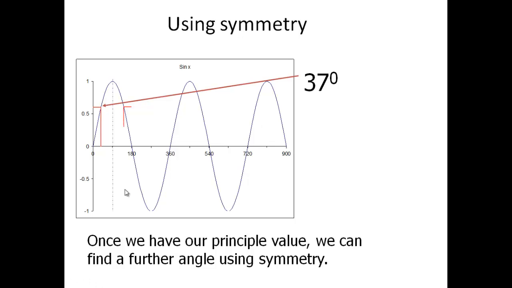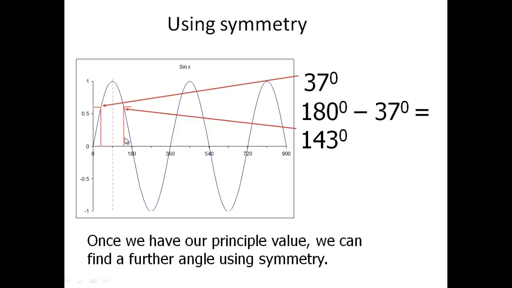And you can see clearly from the graph that this 37 degrees here is the same as 37 degrees here. In other words, if we have a solution at 37 degrees, we will have another one at 180 minus 37 degrees, 143 degrees.